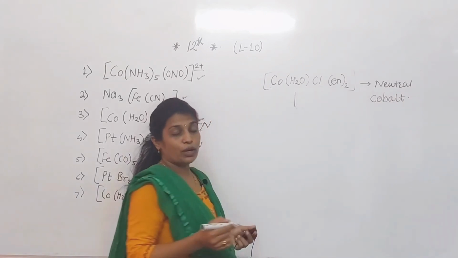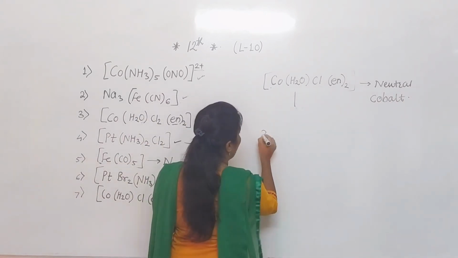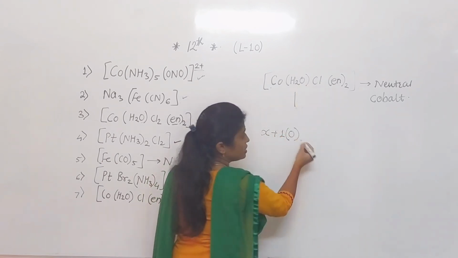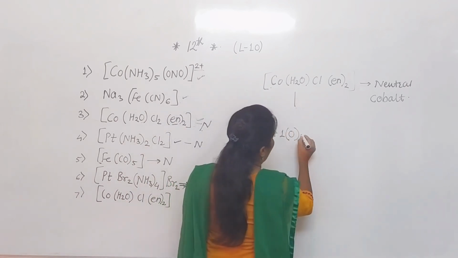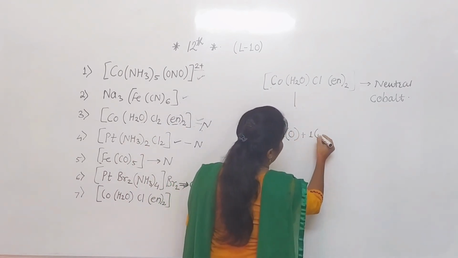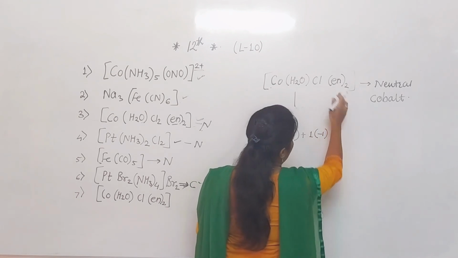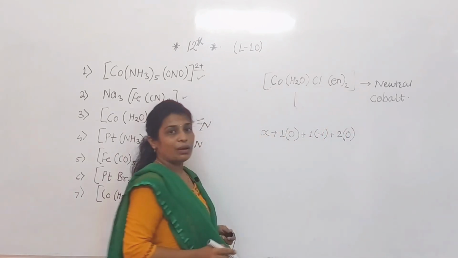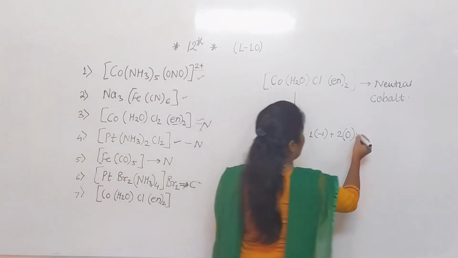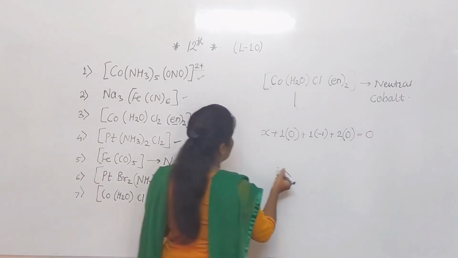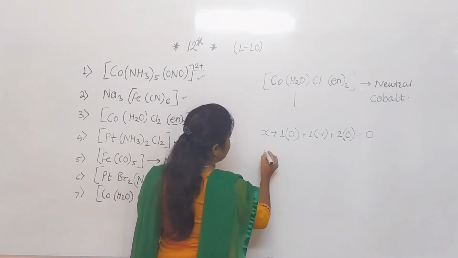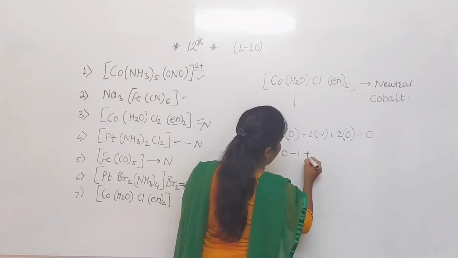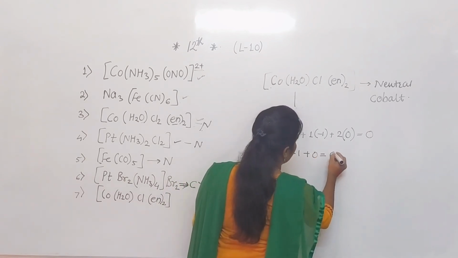Now we will calculate the oxidation number. For cobalt, X. H2O, only 1 is there, and for H2O the oxidation number is 0. For chlorine, how many are there? Only 1, minus 1. En, how many En are there? 2 are there, but for En the oxidation number is 0. So X plus 0 minus 1 plus 0 equal to 0.